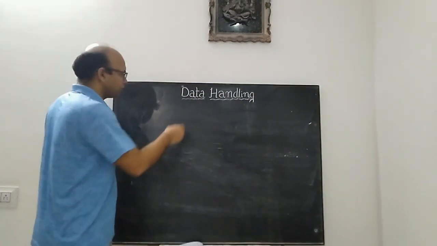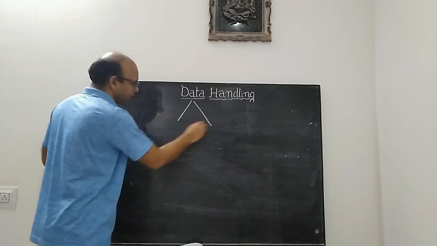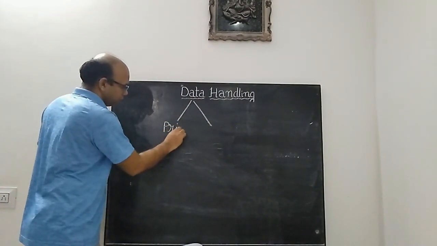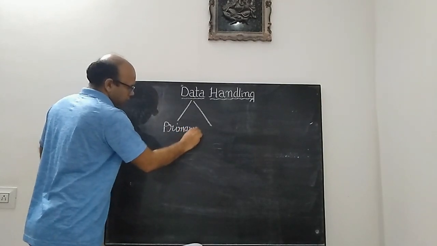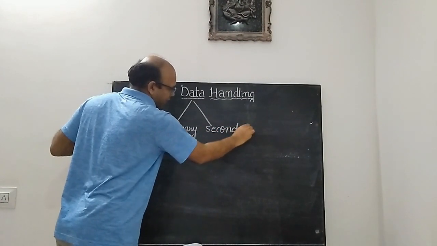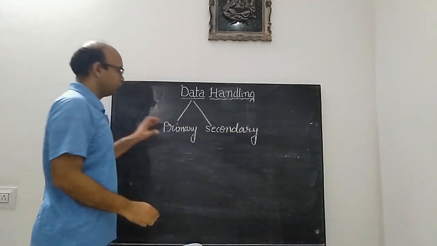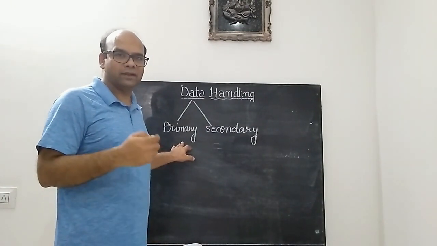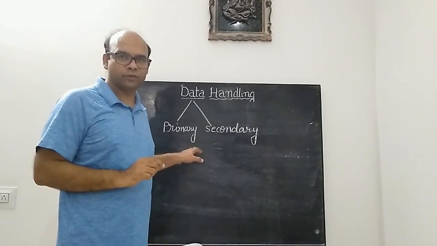So, on the basis of the way the data is being collected, we have the primary data, and we have the secondary data. Primary data is the data where we collect the information directly from the source.